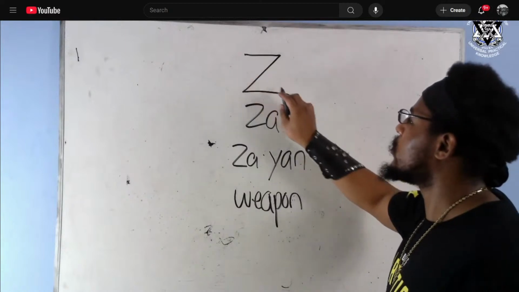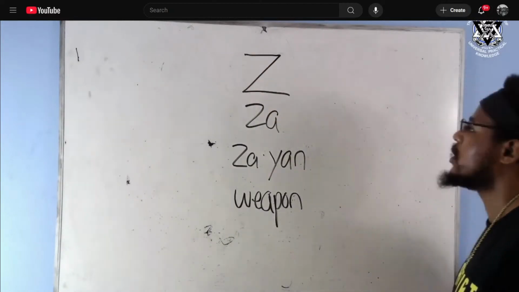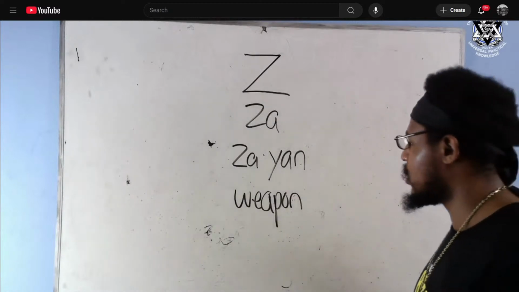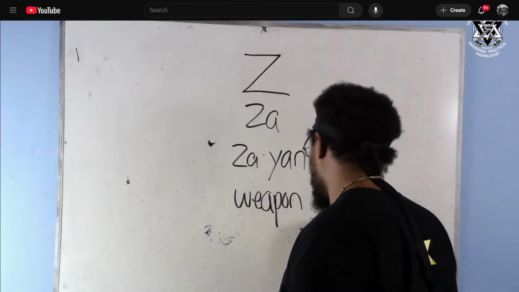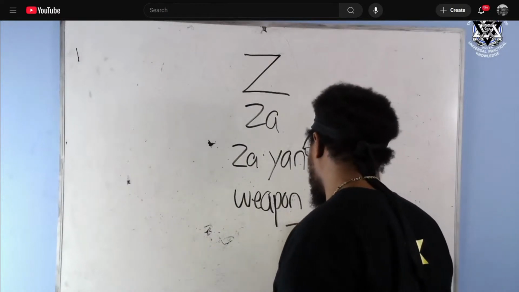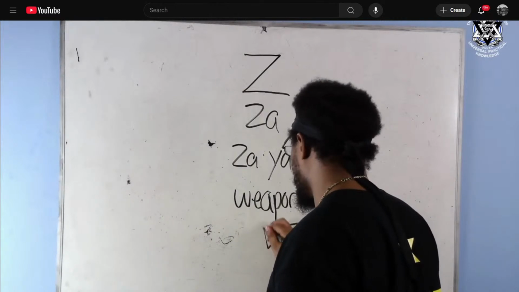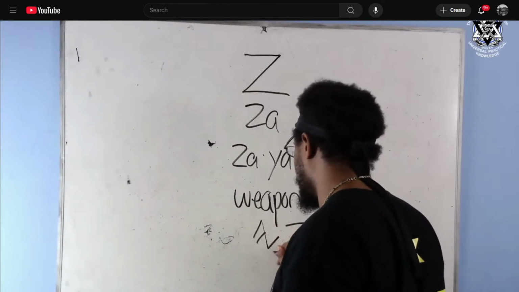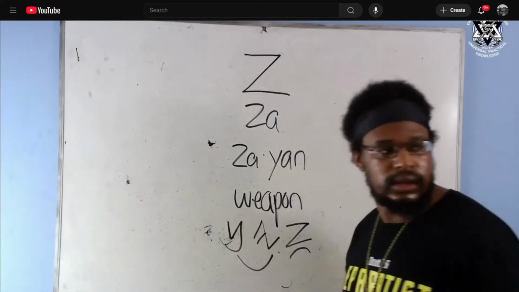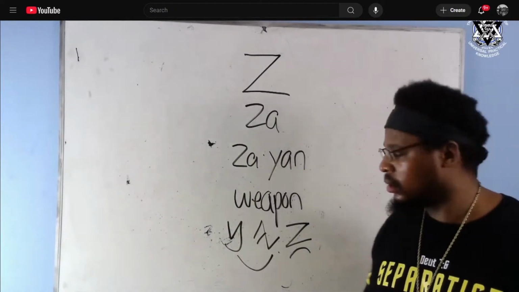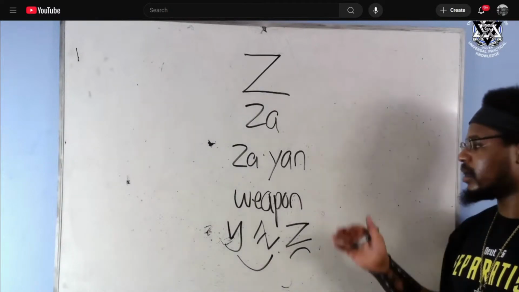Probably had two sharp ends on the end. You're probably holding it in the middle. It was an ancient weapon. Zion, meaning weapon.